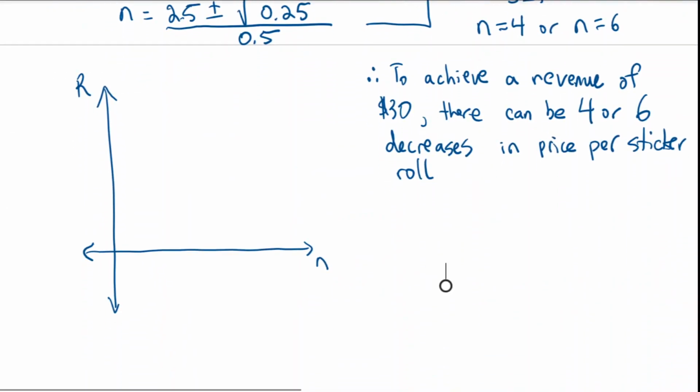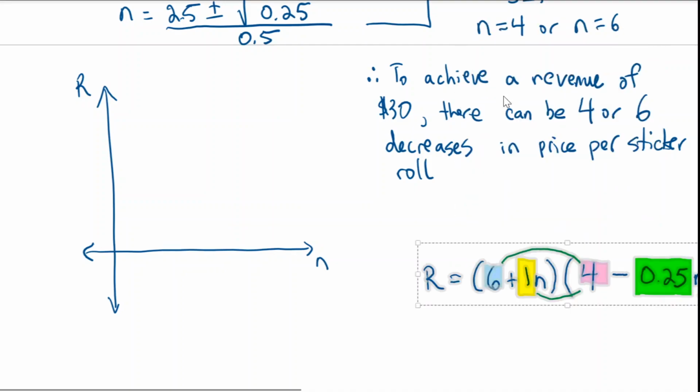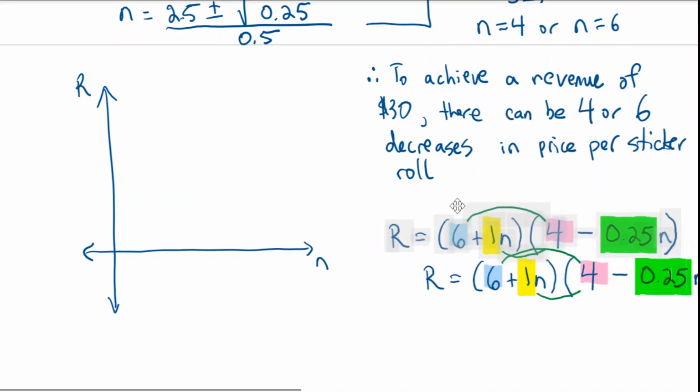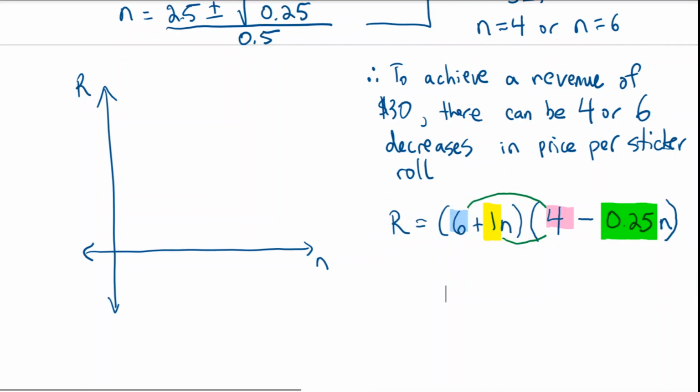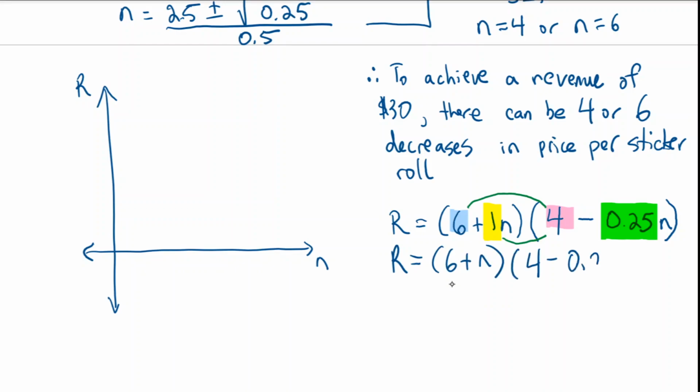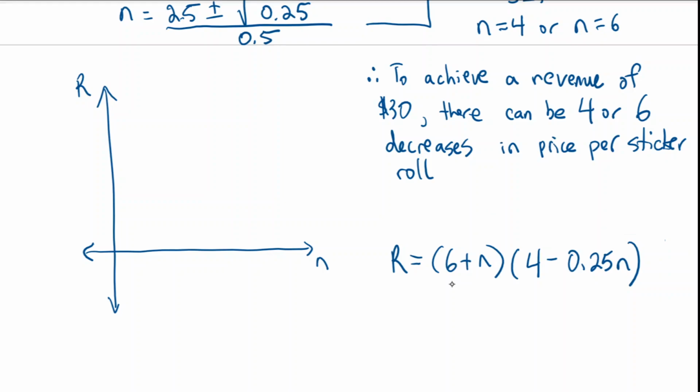Hopefully it works. Oh, it worked. Here's our quadratic that we have. I'm just going to write it without all these colors. This is a quadratic that I would like to draw.